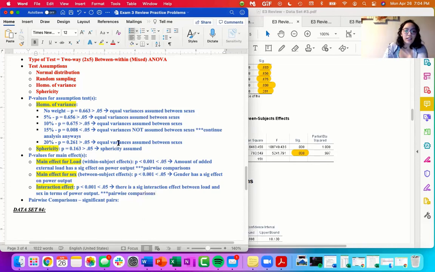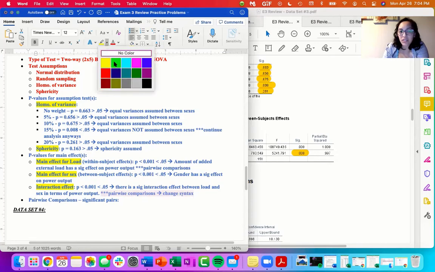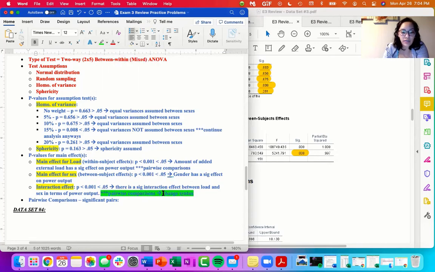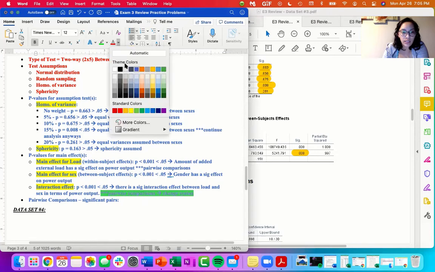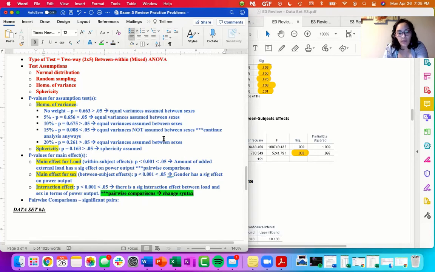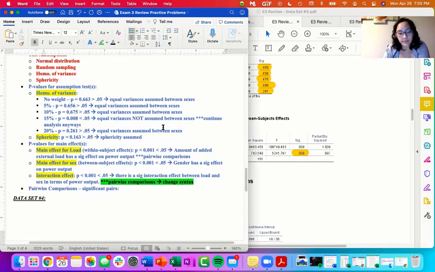But for this part, and I'll highlight this, pairwise comparisons change the syntax. So you only change the syntax when you have a significant interaction effect. If there's not a significant interaction effect, then you don't need to change the syntax.